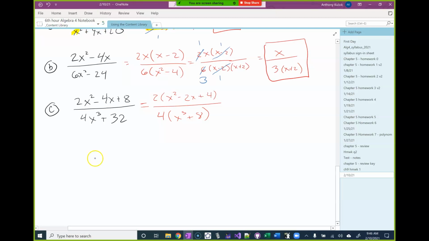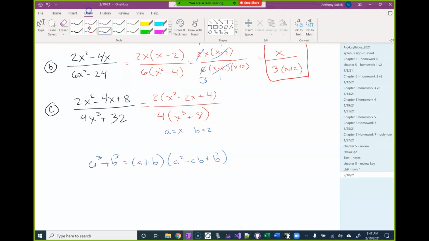That's the sum of two cubes. Good. So again, the sum of two cubes factoring pattern is this. Hopefully at some point you're getting close to memorizing that, as it's come up quite a bit. So in this case, what is our value for A? It is x, and our value for B is 2.